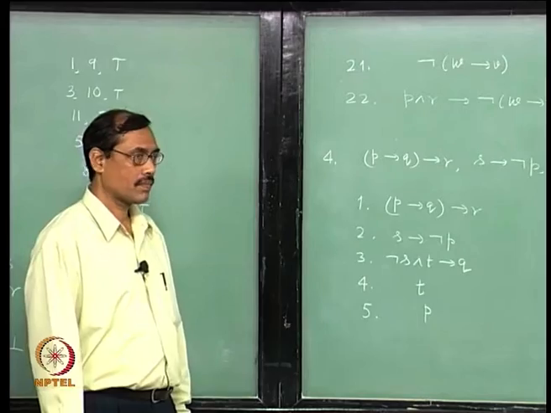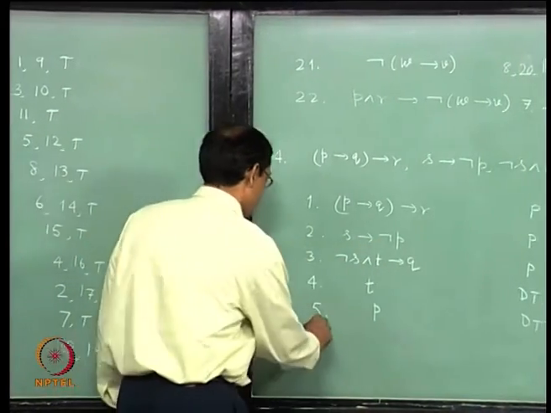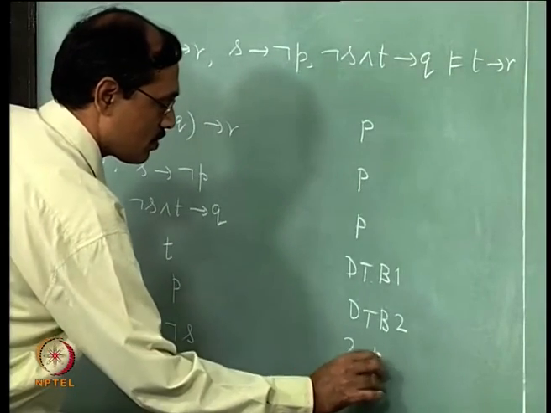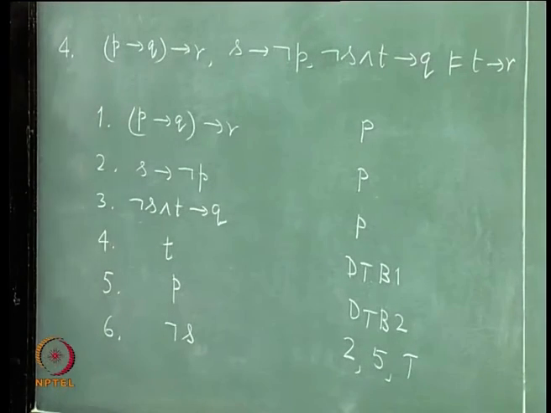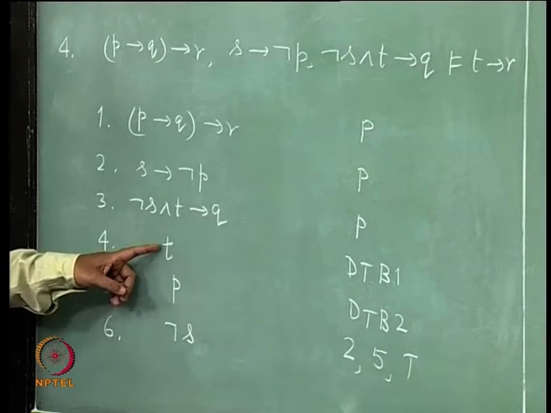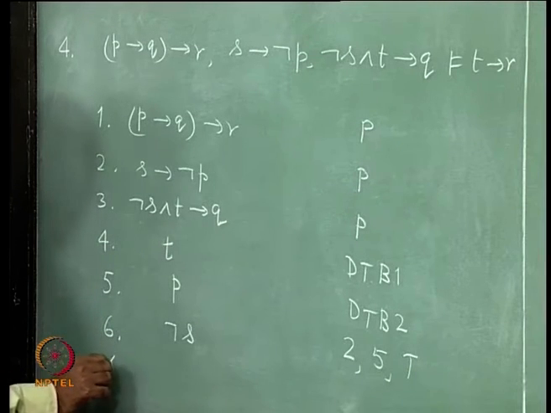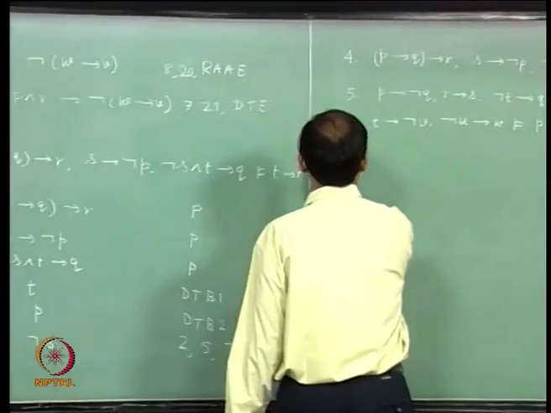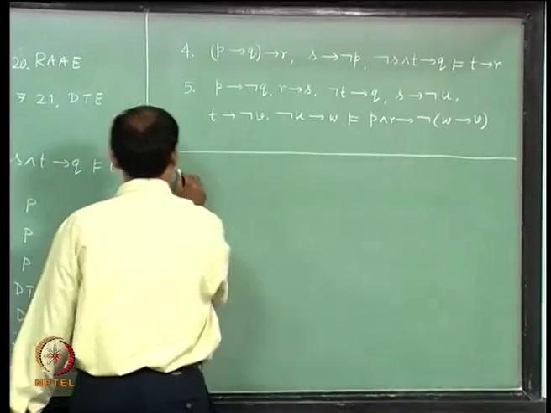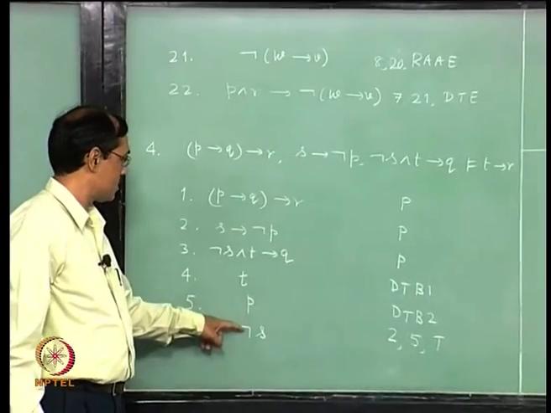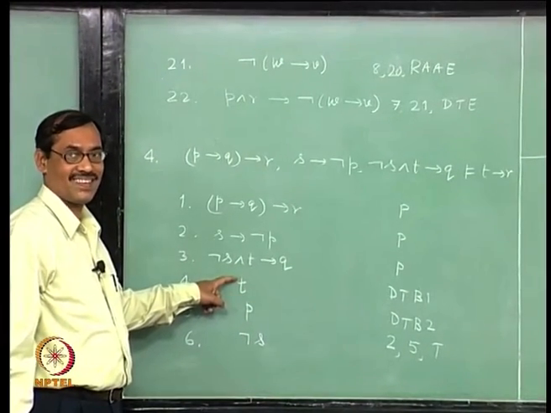Yes, we can use this 2 and 5. So, 6 gives not S, because of 2, 5 modus tollens, right. So, we have not S, we have T, right. So, we will write here, the seventh line gives us not S and T. First, not Q directly, right.